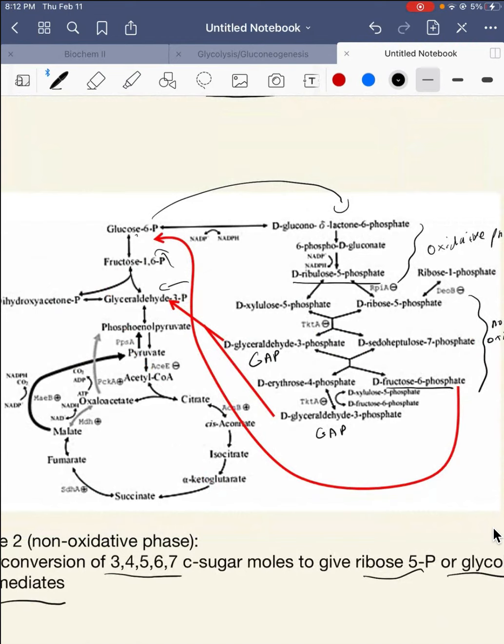Sometimes glucose gets shunted in the cell because not all of it runs into glycolysis, and if we need even more glycolysis, those go back. If glycolysis is what the cell needs to run, then the non-oxidative phase produces GAP and fructose 6-phosphate, and those can be shunted into glycolysis to make even more energy for the cell if that's what the cell needs.